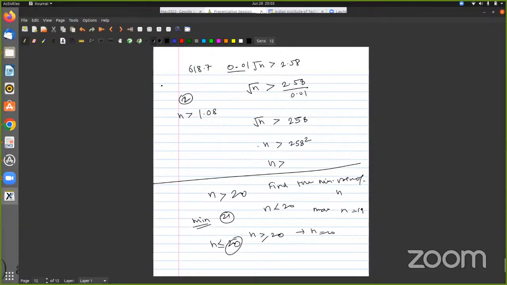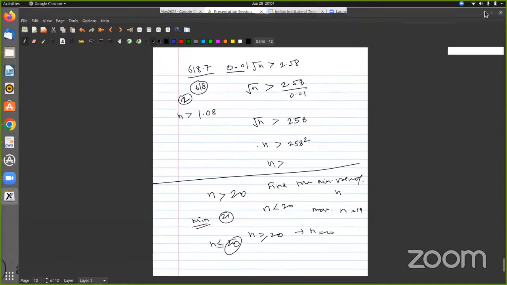You can't write 618, because 618.7 is greater than 618. The value should be more than 618.7, and if it is an integer, it is 619, so it should be rounded up.